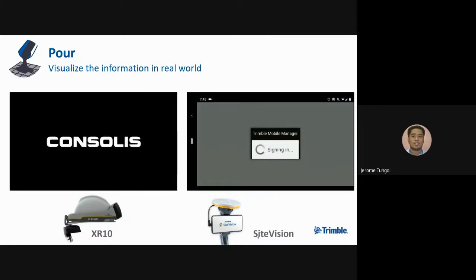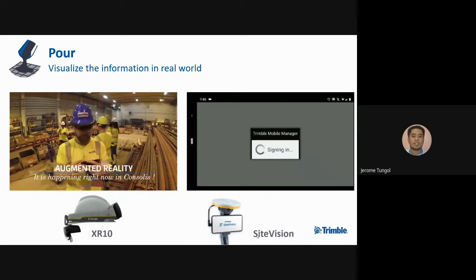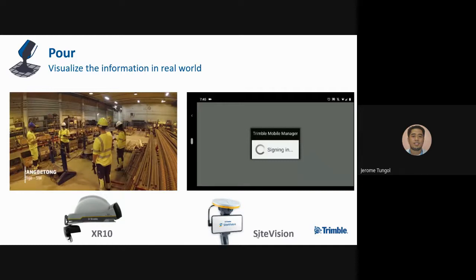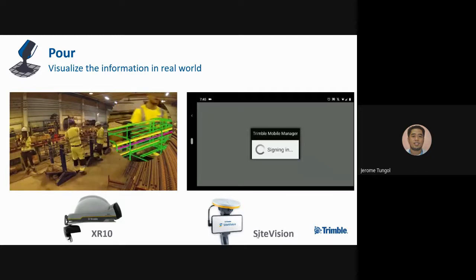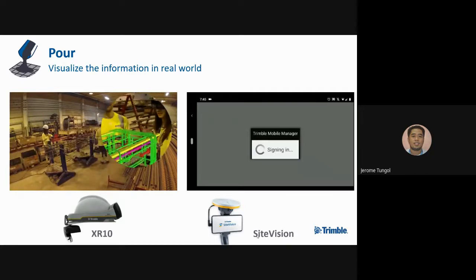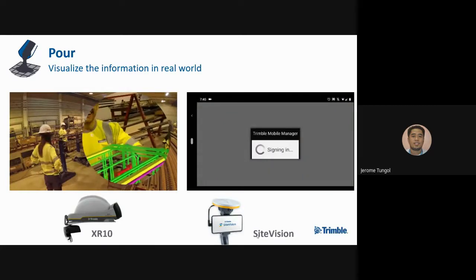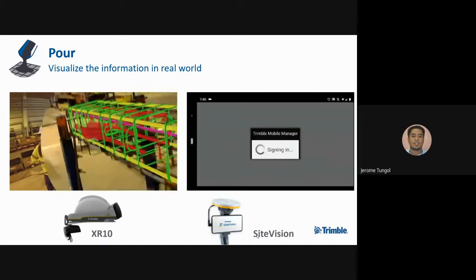And then visualize the information in the real world. So on your left, they use XR10 devices to see our rebar model to use in fabrication. It is possible by the use of augmented reality. What you see is they are using the XR10, the hard hat with goggles, and they see the model.